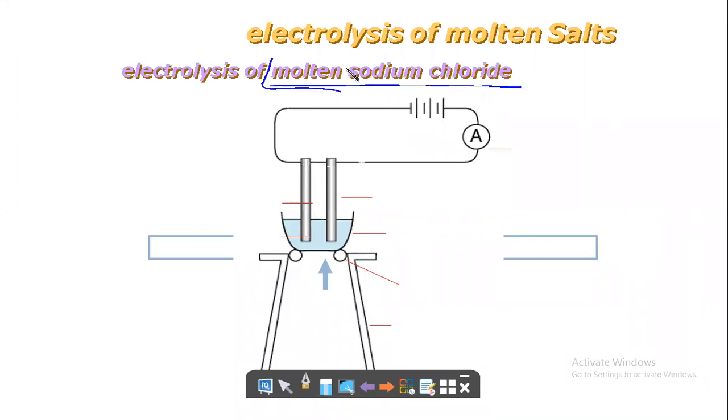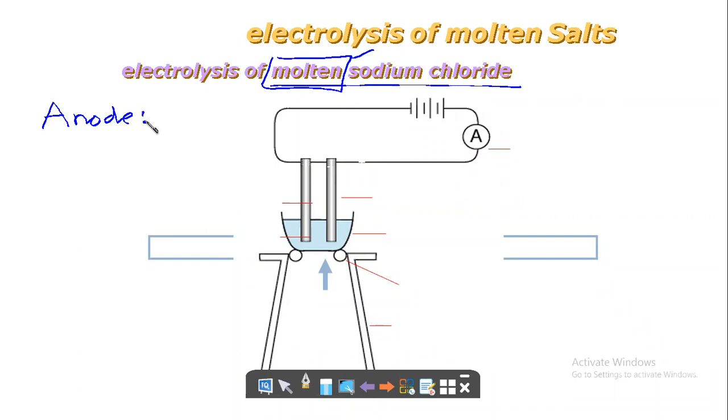To differentiate between whether the question is about molten salt or aqueous salt, these two words will always be used. If the question talks about the electrolysis of molten salts, you must know that it involves two ions only.